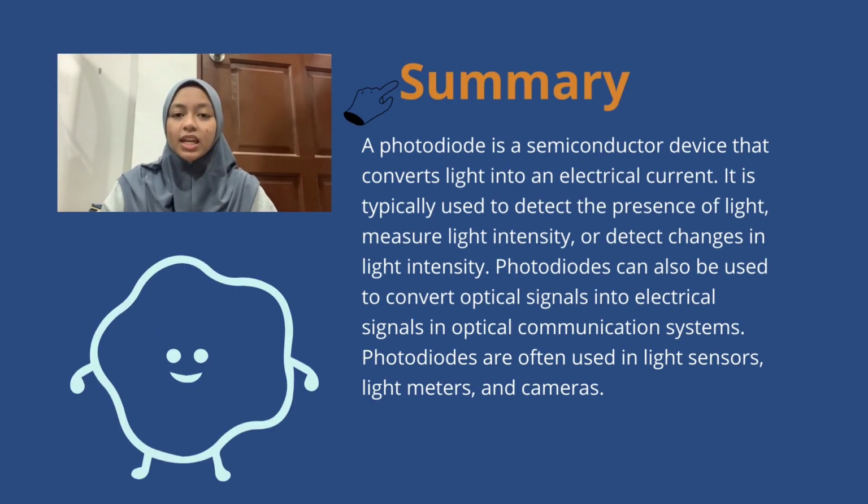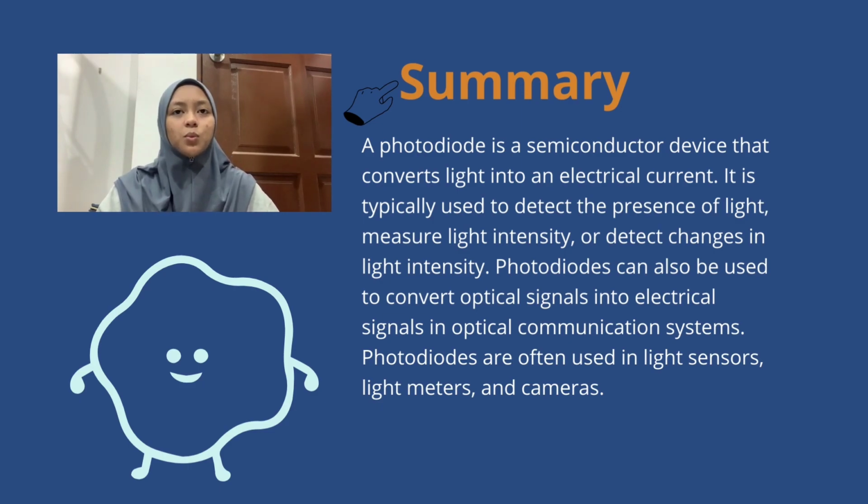Okay, in this last slide, we'll talk about summary. A photodiode is a semiconductor device that converts light into an electrical current. It is typically used to detect the presence of light, measure light intensity, or detect change in light intensity.